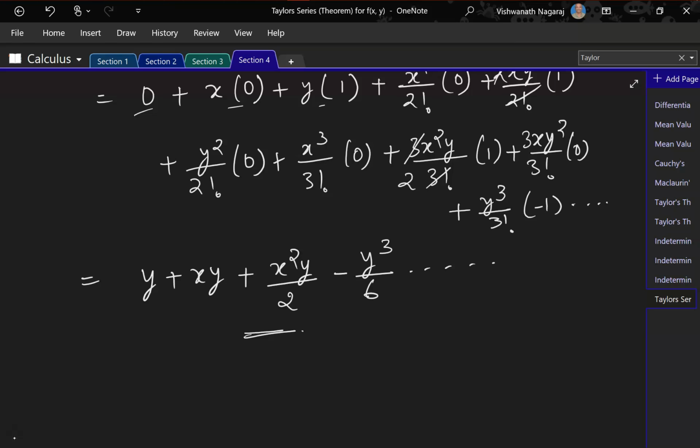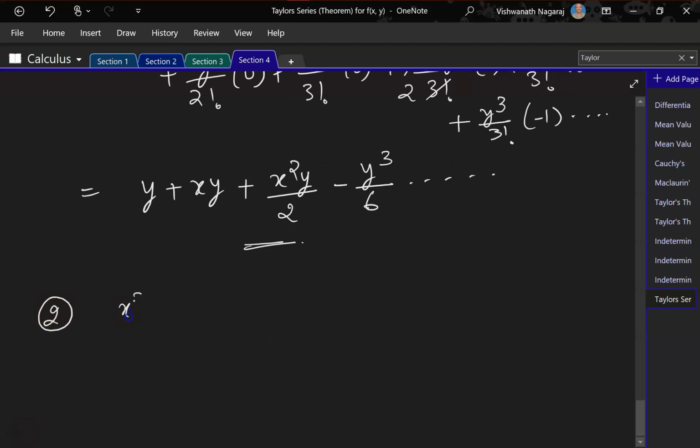Okay, shall we do one more quickly? Let's say x square y plus 3y minus 2. Now we have to expand this in powers of x minus 1 and y plus 2.